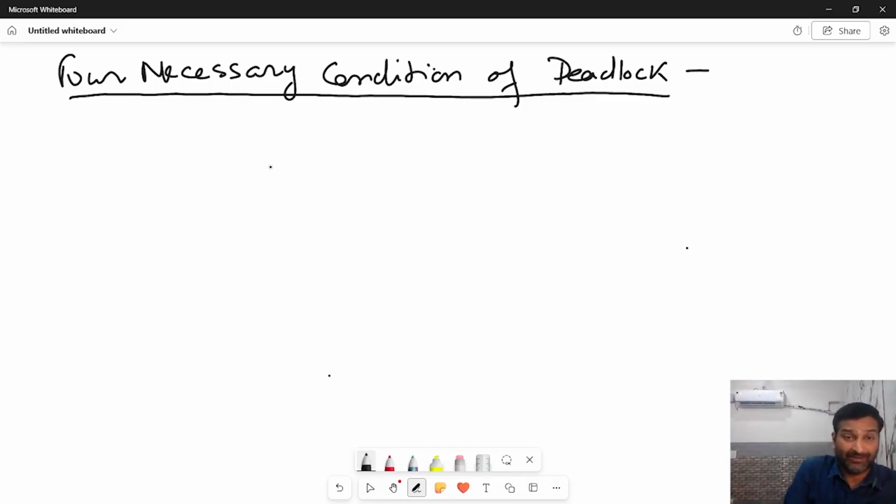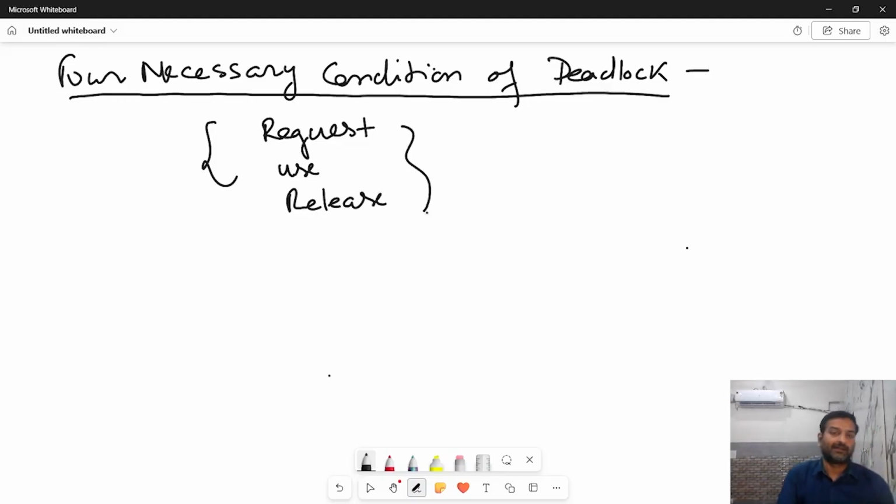The process always does everything in a particular sequence. So what is that sequence? It always first requests the resource, then it uses that resource, and after the use it releases it.